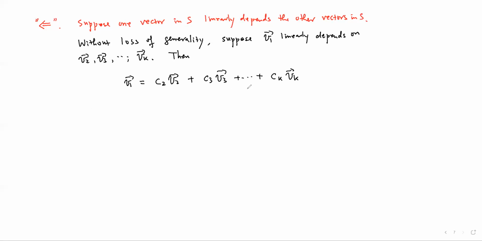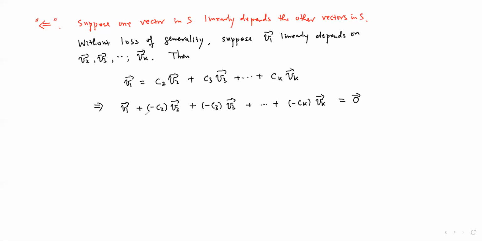Now from this equation, let me move everything on the right side to the left-hand side. Each thing is a vector, so I move everything to the left side. The right side is only the zero vector, not a scalar.